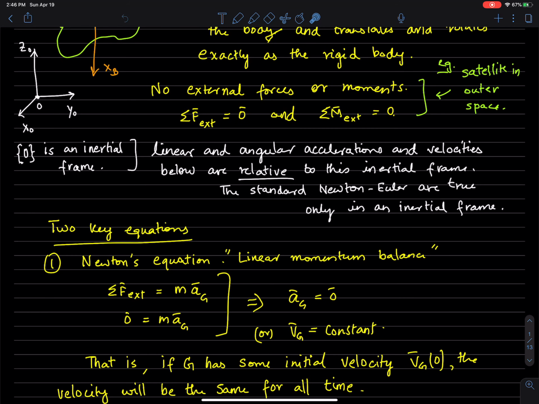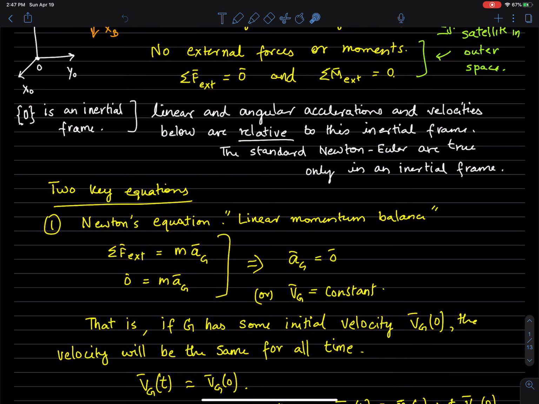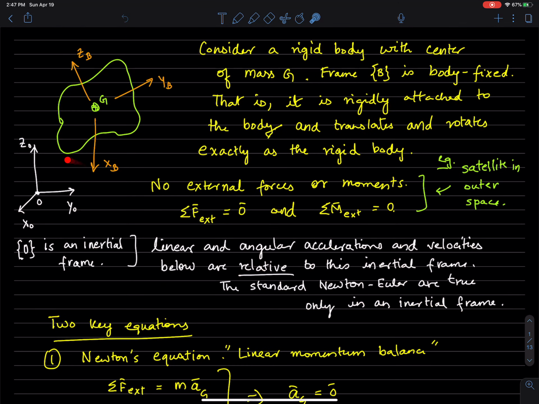I just make a remark here that whenever we say acceleration of G or angular acceleration, etc., unless we state otherwise, those linear and angular accelerations as well as velocities are relative to the inertial frame. Okay, so that's the free body diagram.